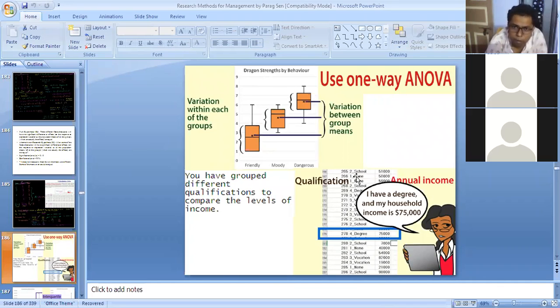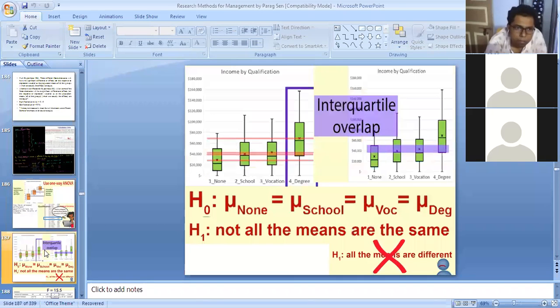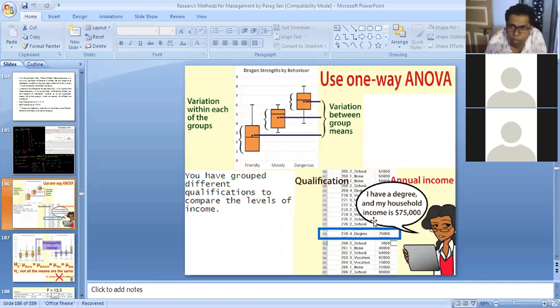For example, the school level, then the vocational level, and the college level. Sorry, college level means degree level, and there is another group who does not have any qualification. And the annual income is also given.